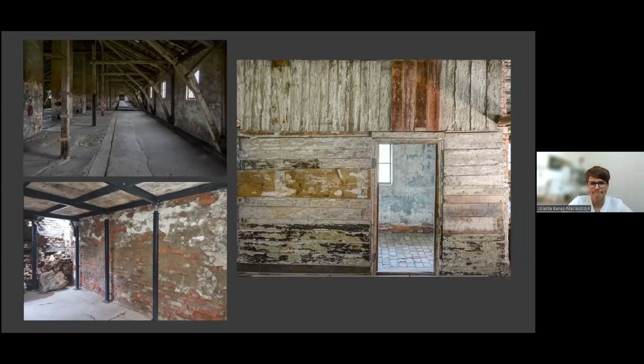These are examples of carrying out various conservation works in various types of premises, where such an approach is highly legible. At the top, you can see the inside of the kitchens after conservation. The bottom photo, on the other hand, shows one of the rooms that has been preserved in the ruins of the crematorium number 3, and a section of the wall of the masonry barrack.